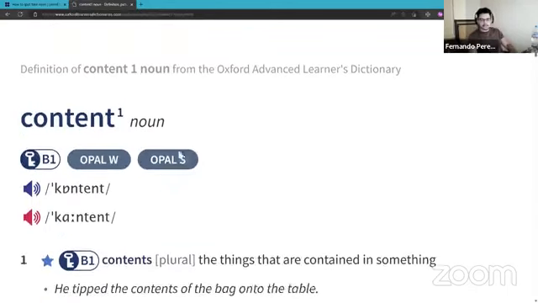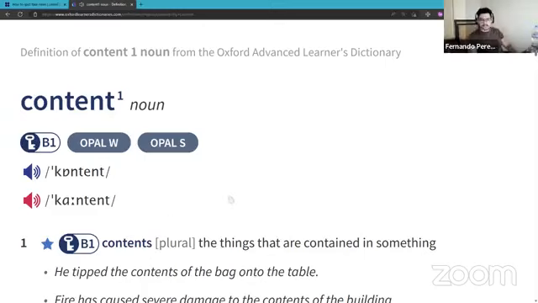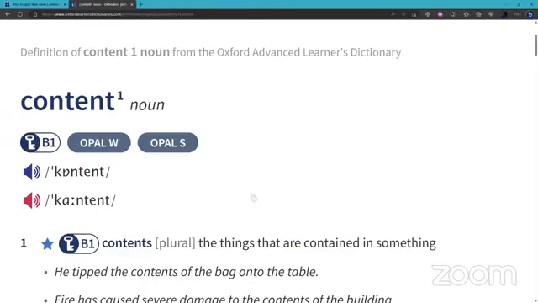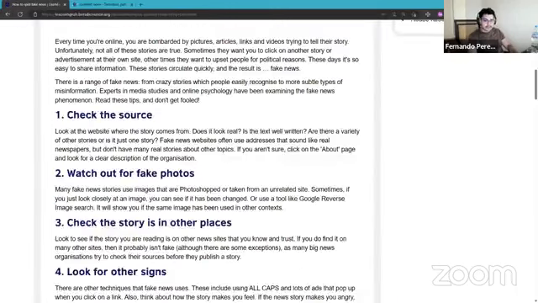Notice is a verb. We are talking about news. Copy the words you have here. Don't paraphrase.